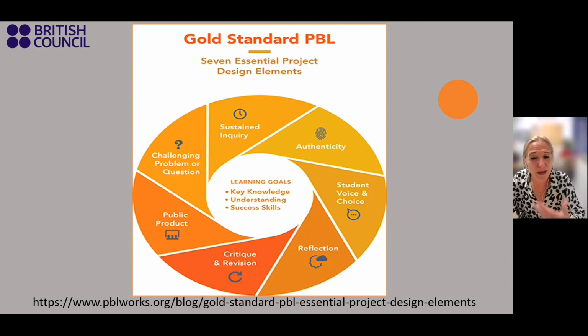Maybe we can help them, but as they mature and as they work through secondary, then the teacher needs to be confident enough to take a back seat and say, well, this is where we're going, how do we get there? What are the tools that we need to get there? What are the steps that we need to get there? And the students need to be autonomous enough to be able to lead the way and work towards their final project, their final task.